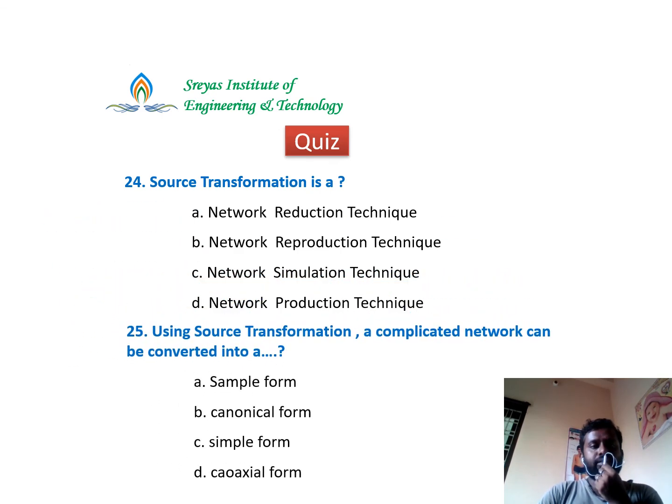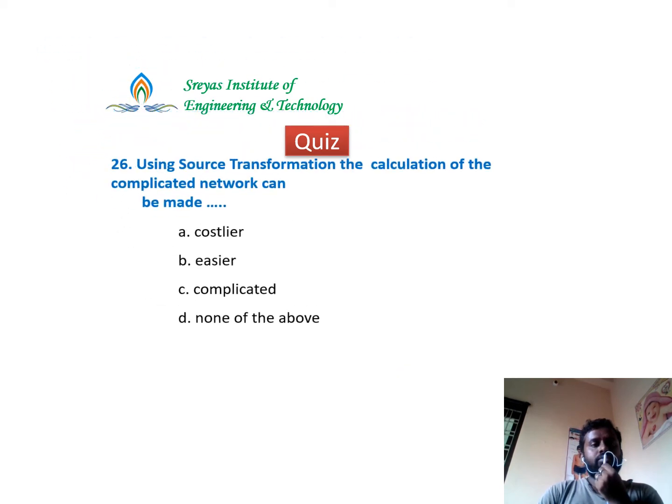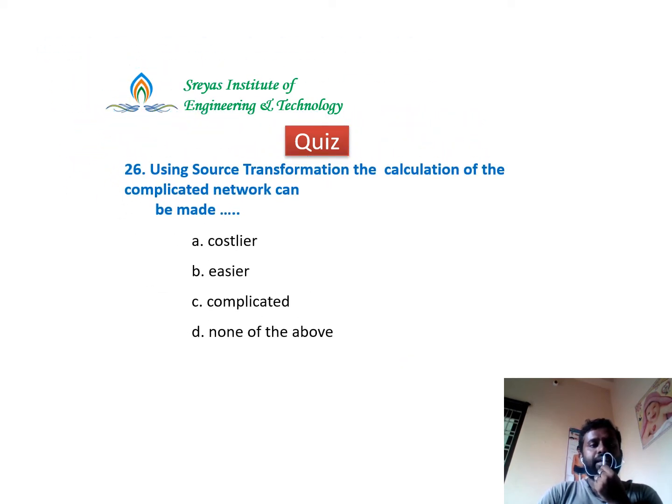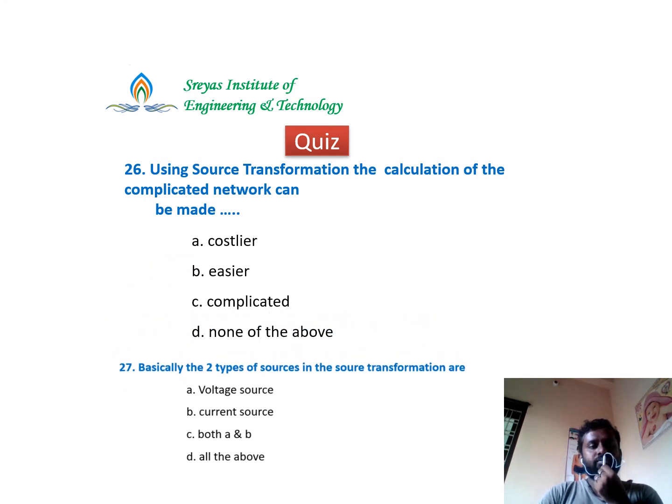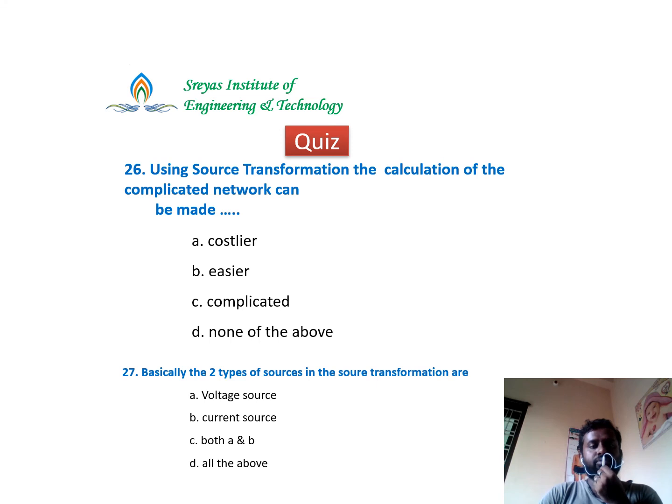Using the source transformation technique, a complicated network can be converted into a canonical form, simple form, sample form, or coexist. Using source transformation, the calculation of a complicated network can be made easier, complicated, costlier, or none of these. The two types of sources in source transformation are either a voltage source or a current source, or both voltage and current source, or all the above.